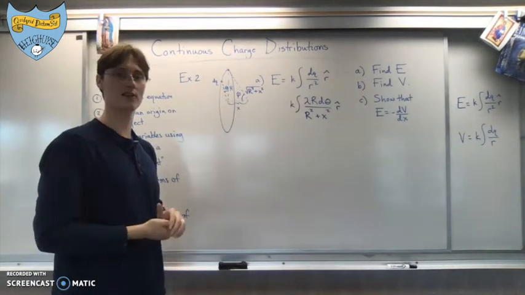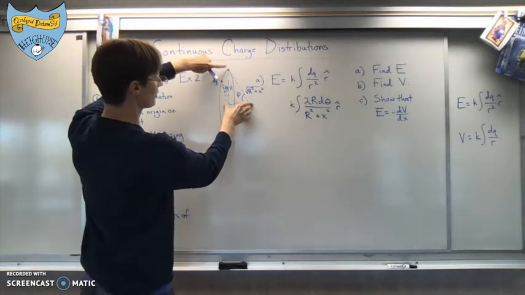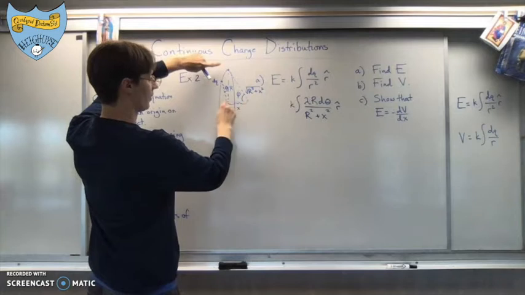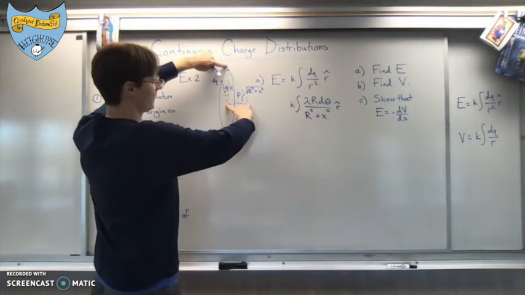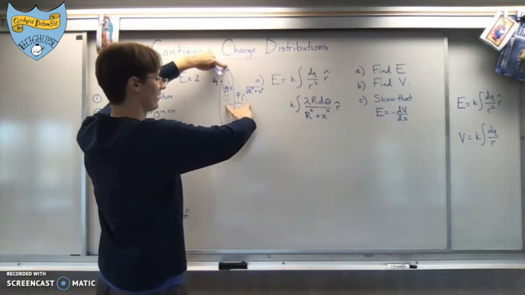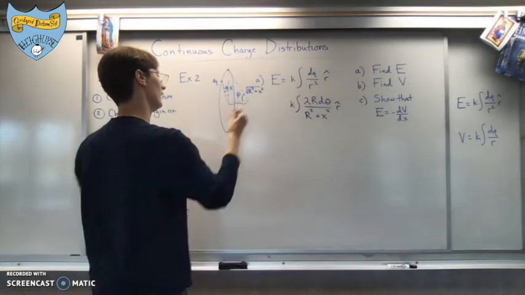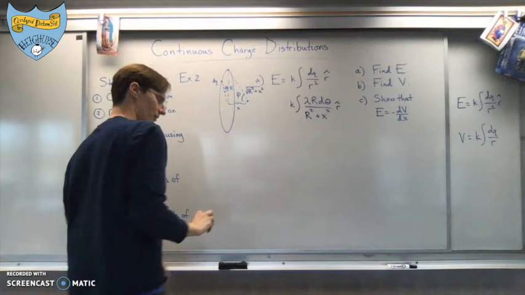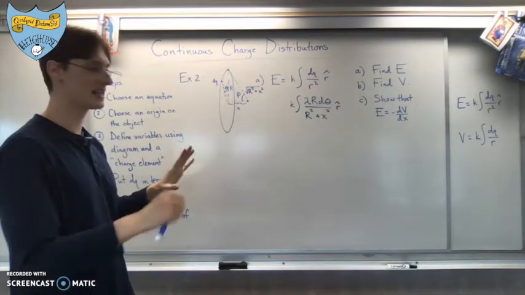Phi is this other angle, which relates to the angle between the origin, or the center of the circle, and the edge of the circle, and this point here where I wish to find the electric field, right? That's what phi is related to. So it's not the same as this angle theta here, right?